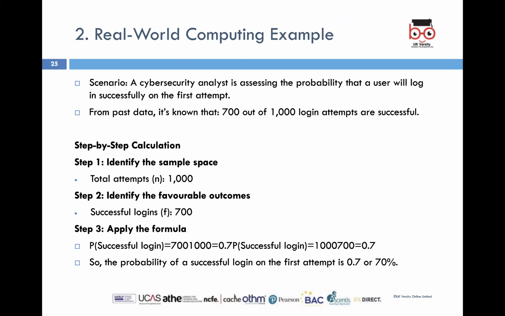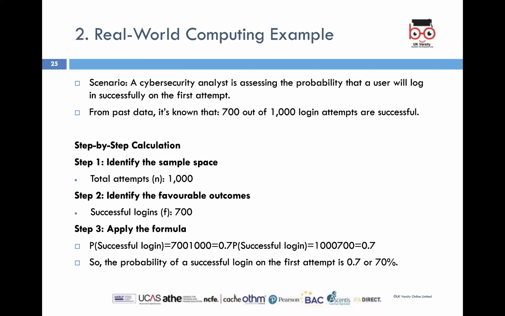The scenario here is a cybersecurity analyst assessing the probability that a user will log in successfully on the first attempt. From past data, it's known that 700 out of 1,000 login attempts are successful. Step one, identify the sample space: the total attempts equal 1,000.